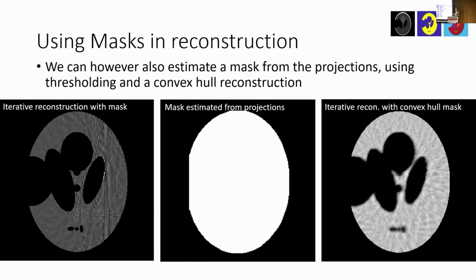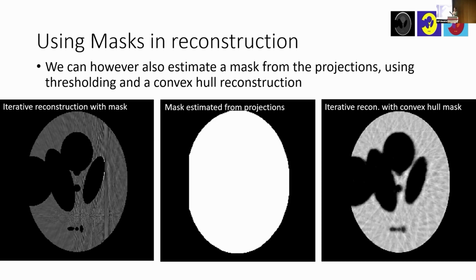And that creates the convex hull of your object. Because for all the X-ray beams that go past it, you know where they are. And by taking account of all these X-ray beams that go just past your object, and those that are just inside the object, you get the convex hull.